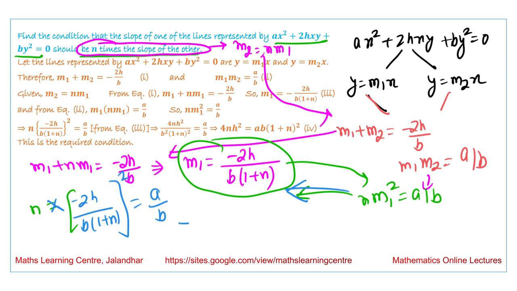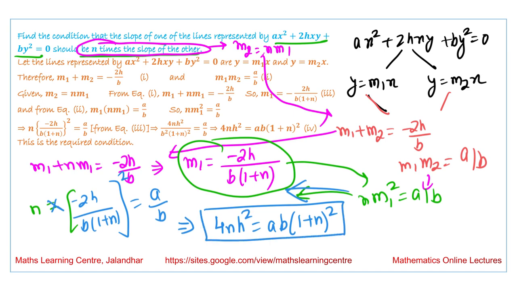And on solving this, we will obtain the final condition as 4nh square equal to ab into 1 plus n whole square. So this is the required condition when, of the two lines represented by this joint equation, the slope of one will be n times the slope of the other.